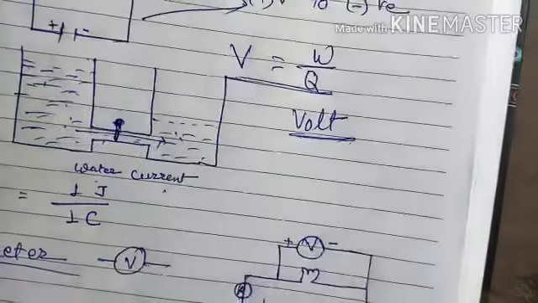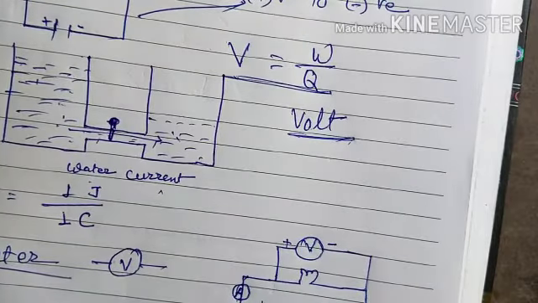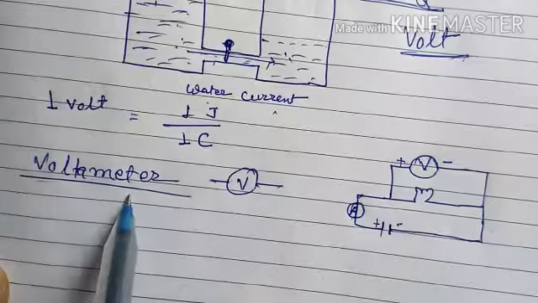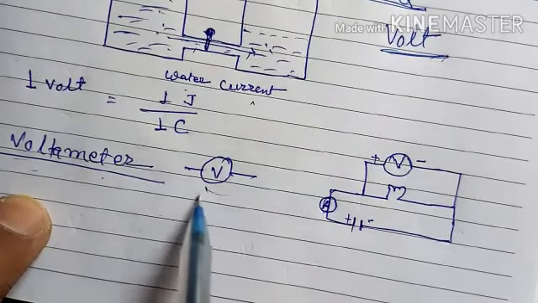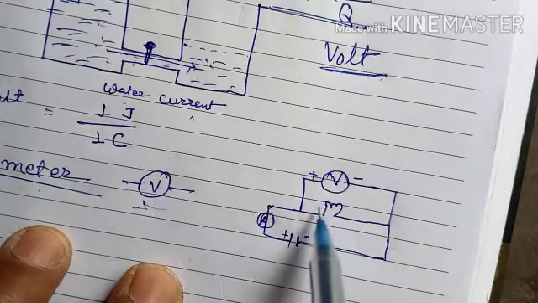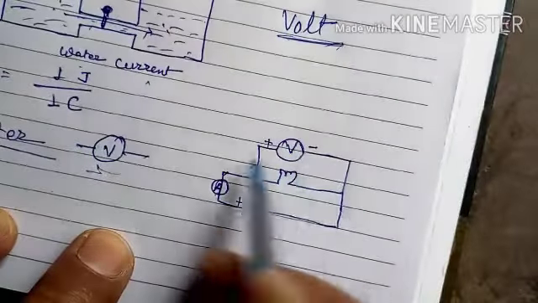The potential difference between 2 points is measured by an instrument known as a voltmeter. The voltmeter is represented by this symbol, and it is connected in the circuit in parallel.